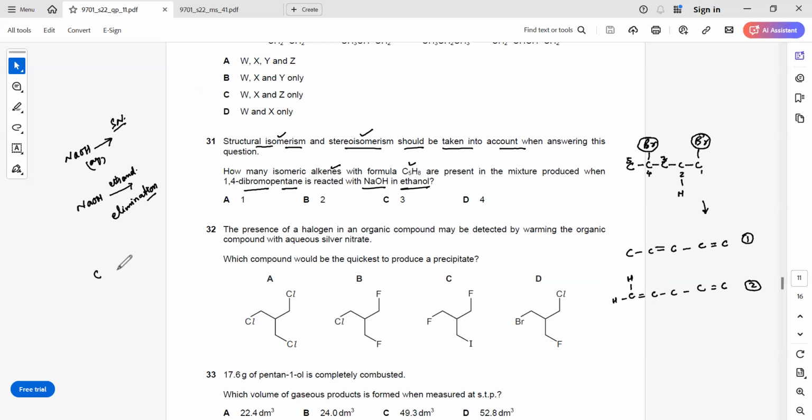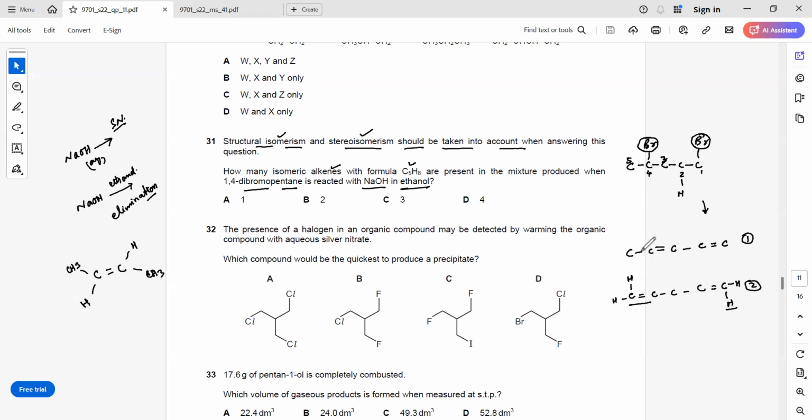Remember, double bonds can show cis-trans isomerism, and the condition for that is that they have different groups attached. But if they have similar groups attached, they will not show cis-trans isomerism. So here we have double bonds, but that cannot show it. Here both are hydrogen atoms, so this cannot show it.